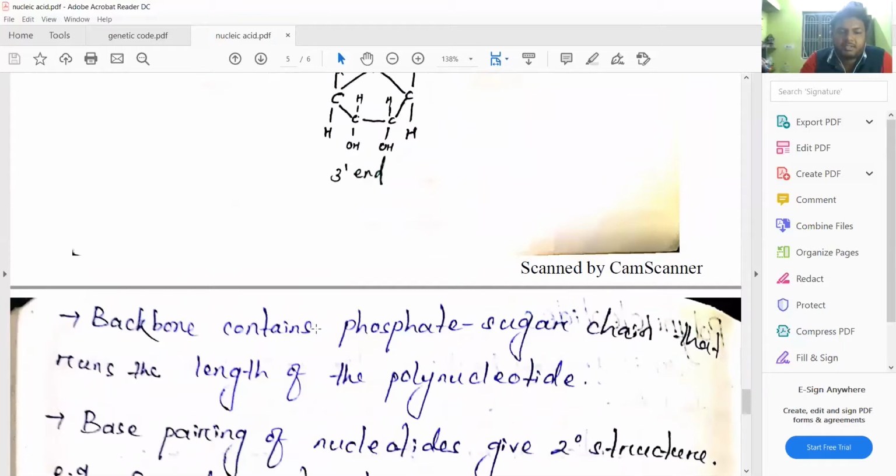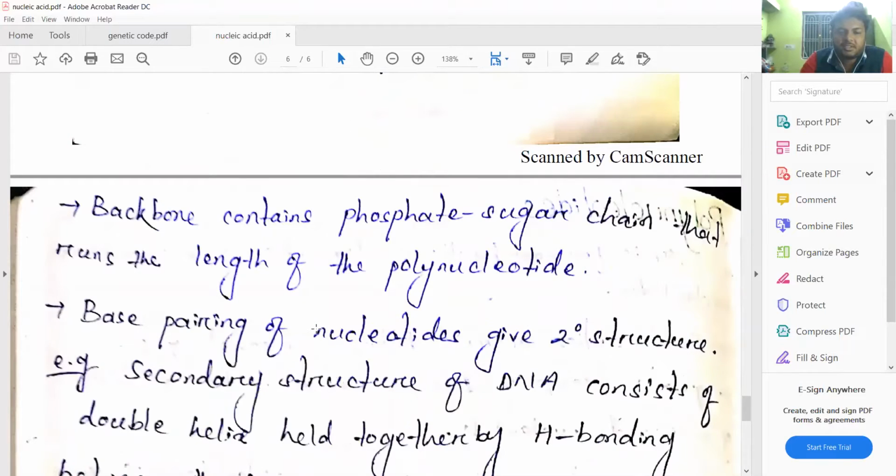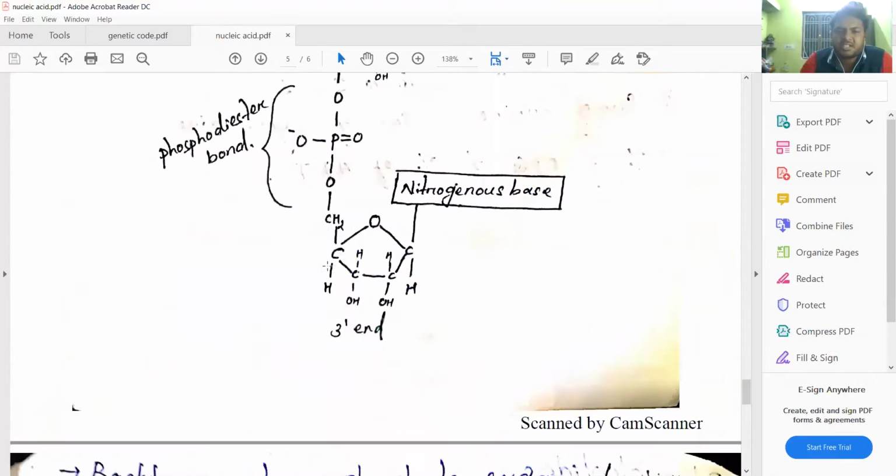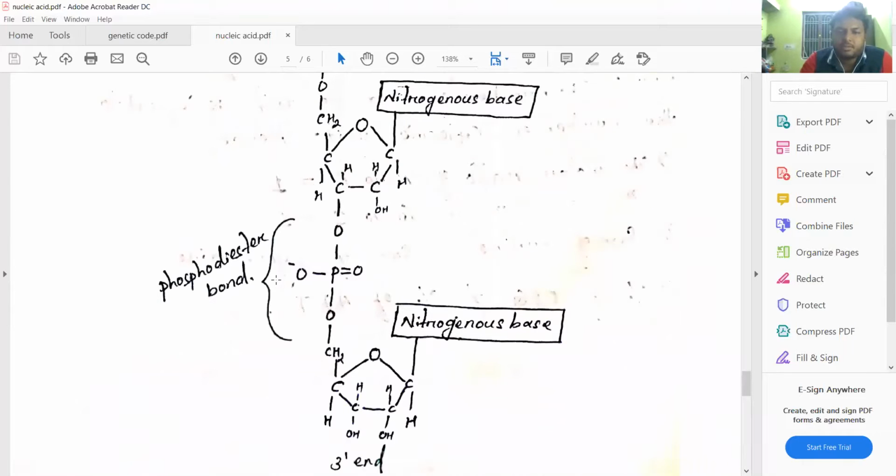The nucleotide backbone consists of a phosphate-sugar chain that runs the length of the polynucleotide. By chain elongation, the phosphodiester bond forms the backbone of the polynucleotide.